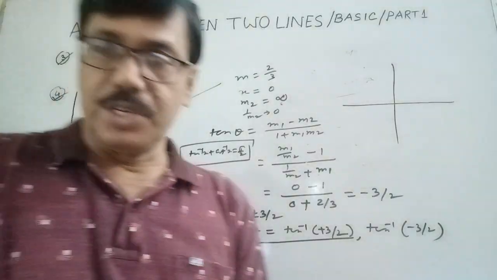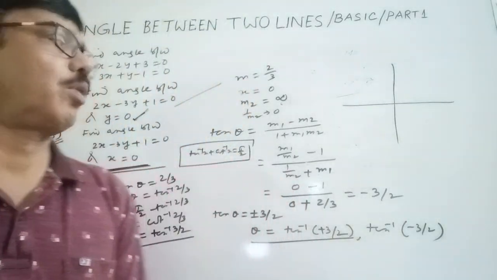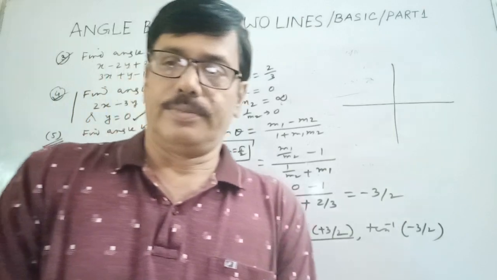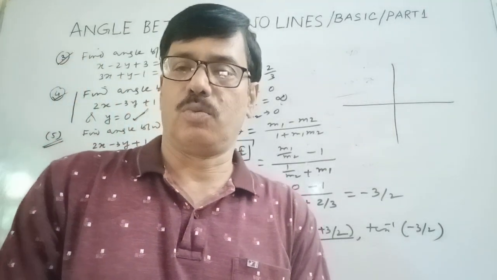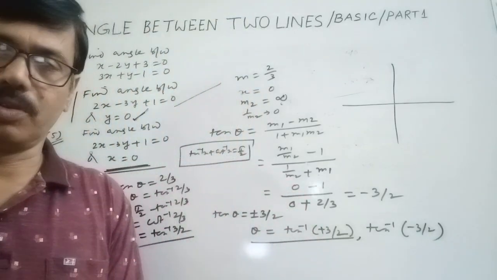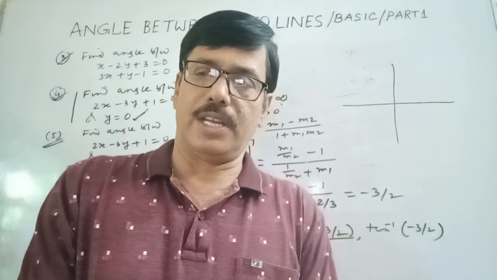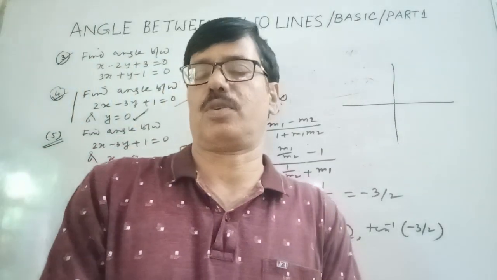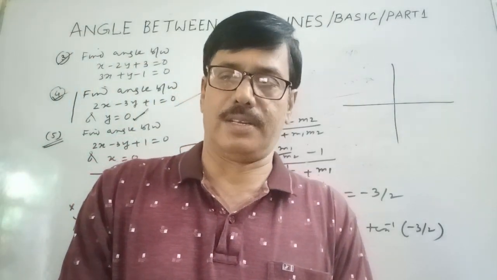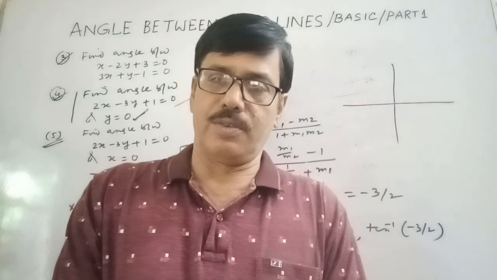We are considering only basic problems. After completing basic problems, we will consider problems of competitive exams. In each competitive exam, you must get at least one problem from straight lines. So thank you for today.